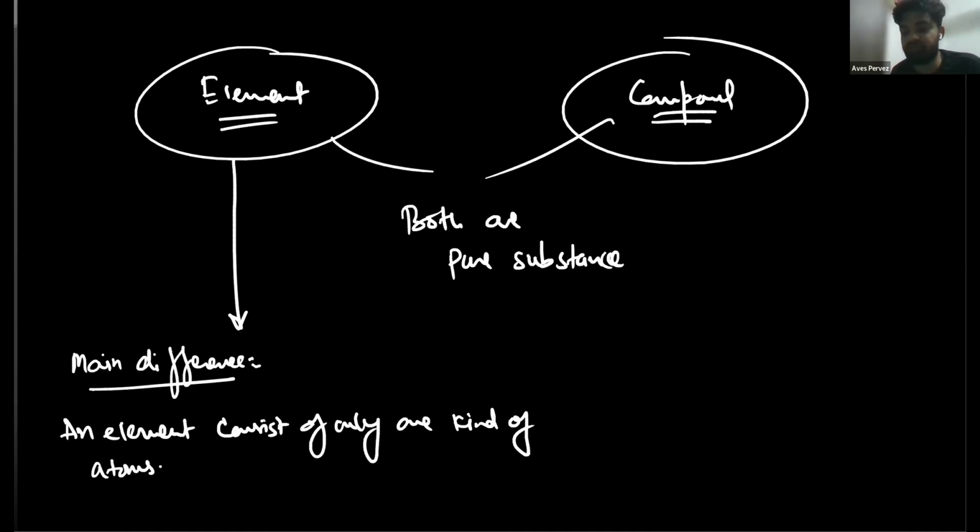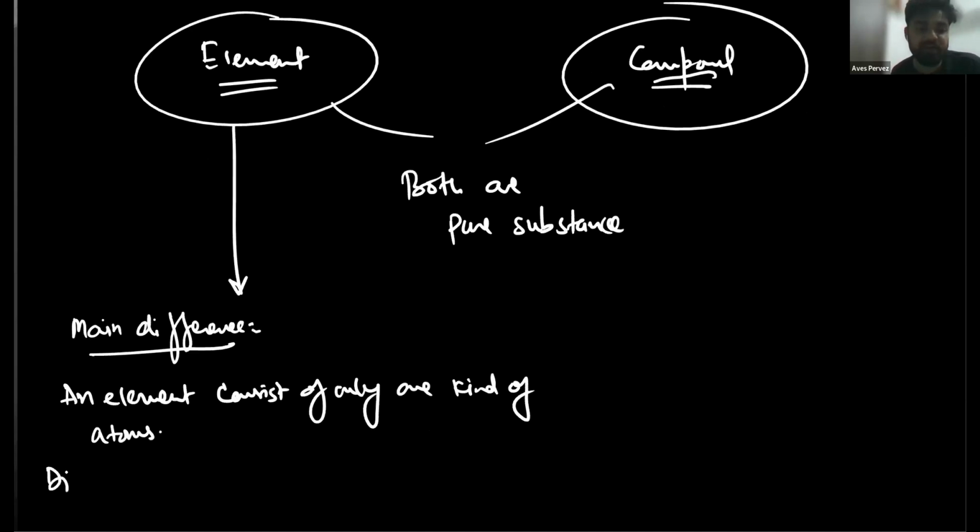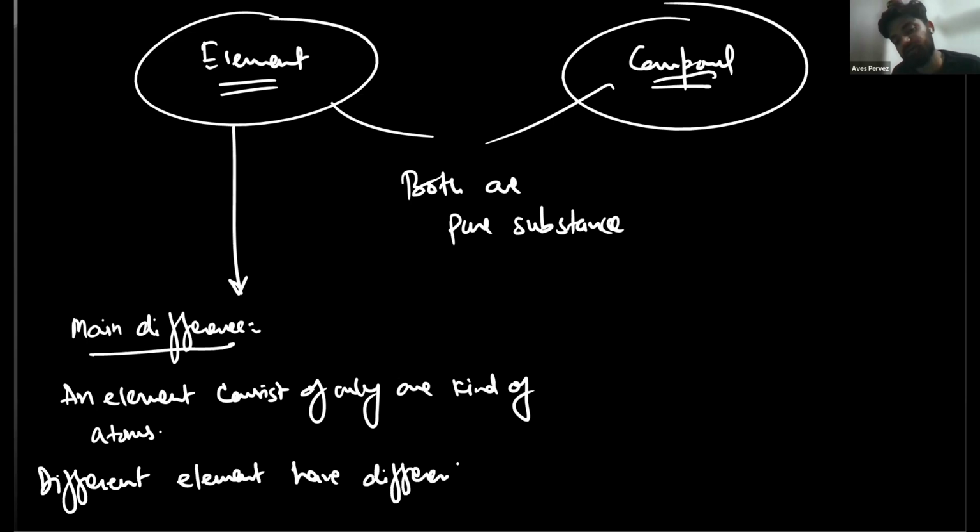Different elements have different kinds of atoms. So this is the main difference: an element consists of only one kind of atoms, and different elements have different kinds of atoms.